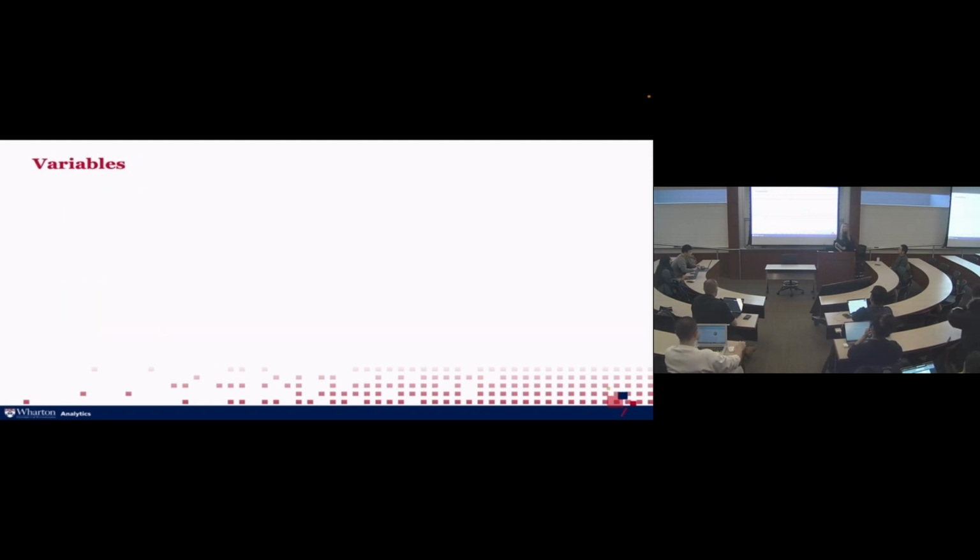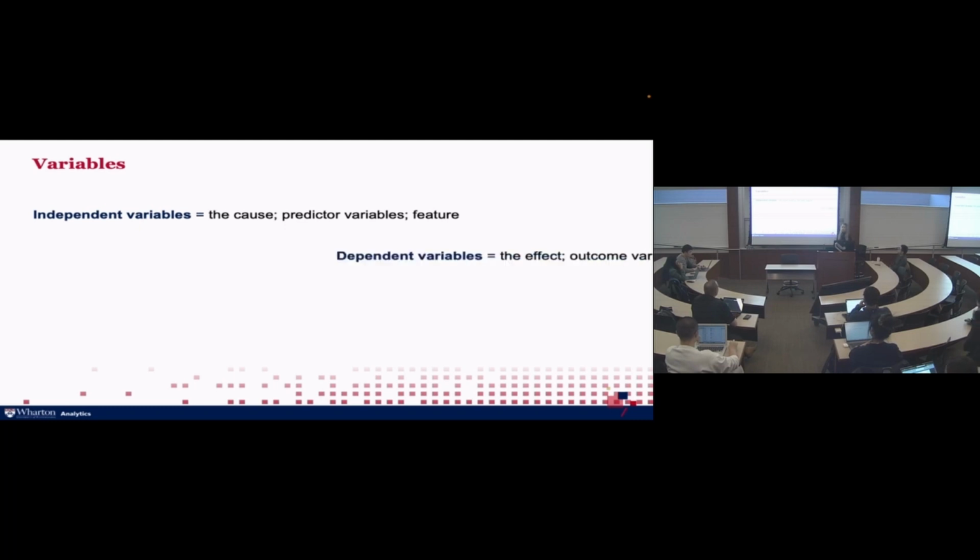I keep saying the word variable, so let's align on variables and the words that I'm going to be using throughout the workshop, so that you can reference back to what I mean by them. When we're working with models, especially predictive models, we have independent variables and dependent variables. The independent variables are the causes or the predictors.